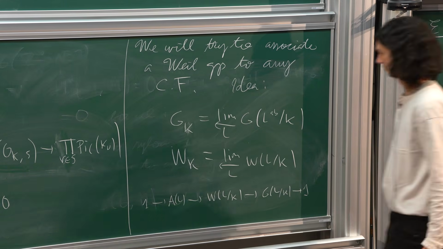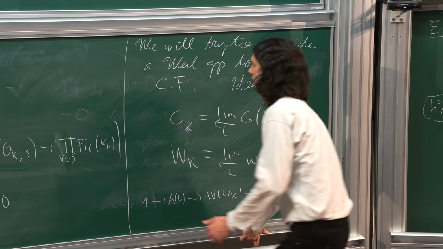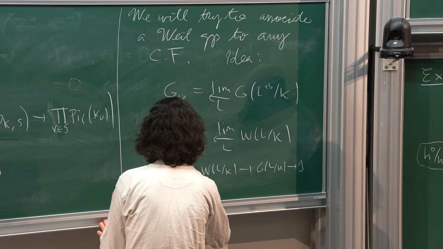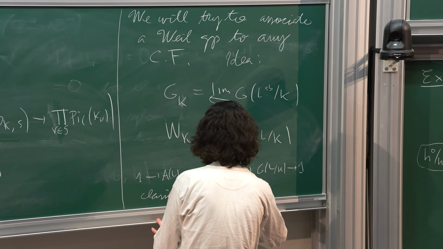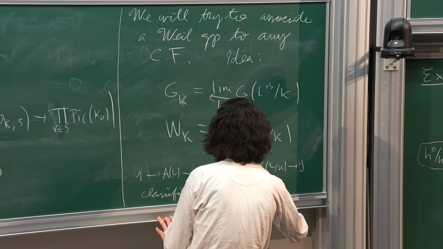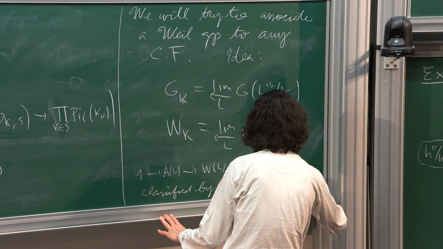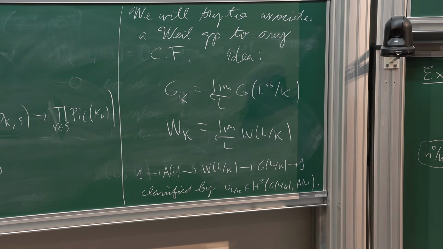So you have this abelian kernel, and this extension should be classified by this choice of fundamental class. So that's the idea of the Weil group.